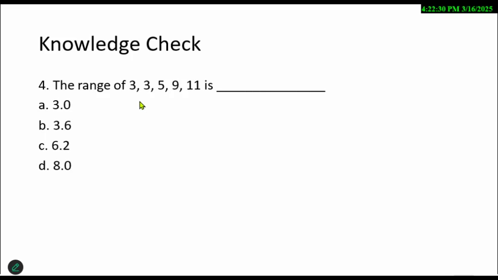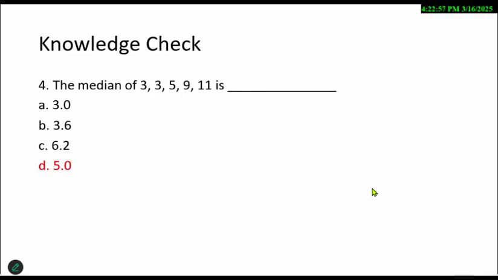So range, oh, wait a minute, we didn't do a range one. Range is highest to lowest, so 3 to 11. What is our range here? It is 8. 11 minus 3 is 8. The median of 3, 5, 3, 9, 11. Remember, median is exactly in the middle.